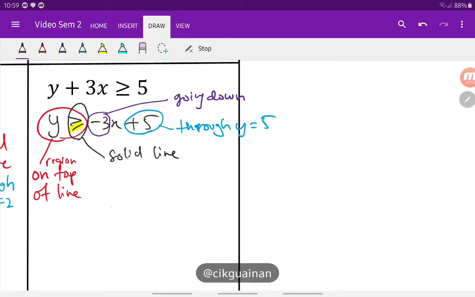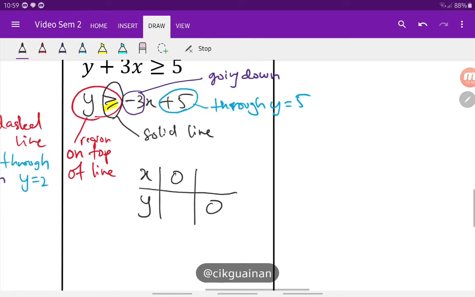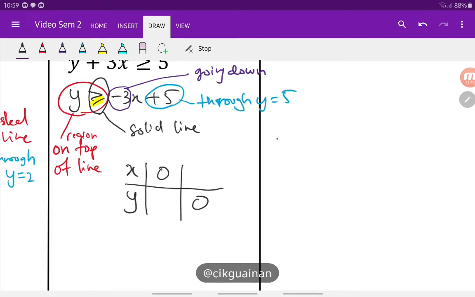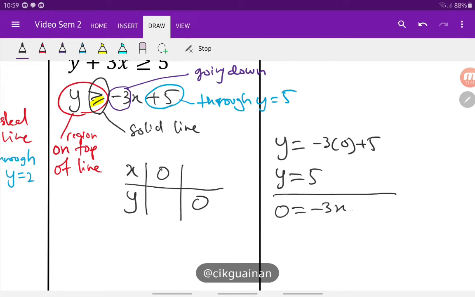What we do is make a table of x and y, and substitute when x is 0 and when y is 0. When x is 0, y equals 0 plus 5, and we consider it as equal because we are getting the point, so y equals 5. When y is 0, 0 equals minus 3x plus 5, so x is 5 over 3.